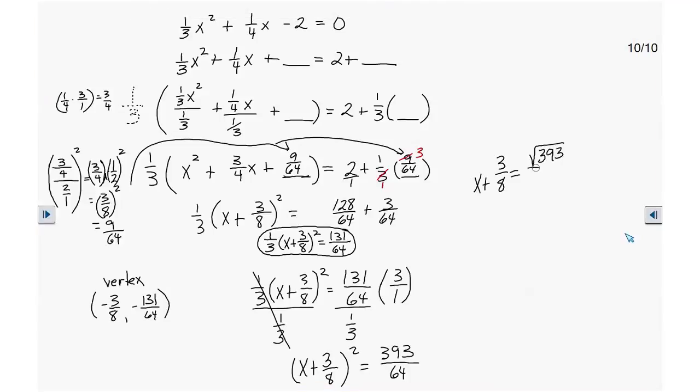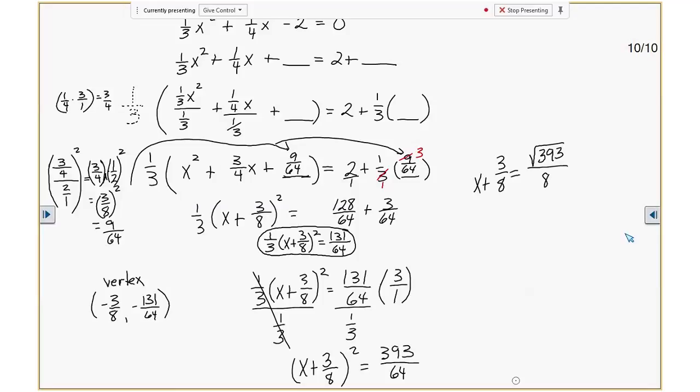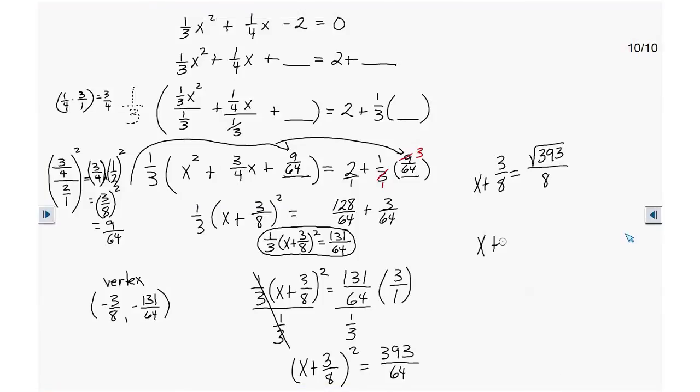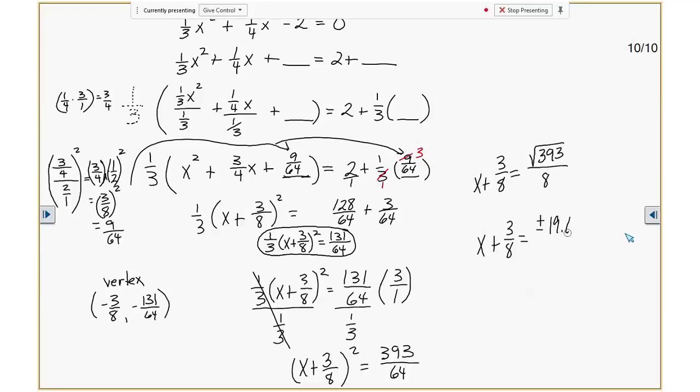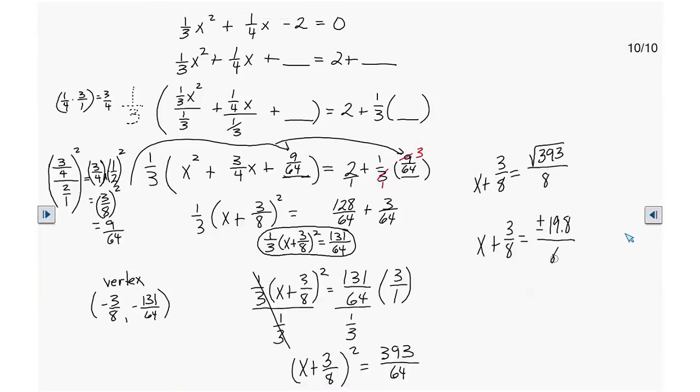And the square root of 64 is, hey, isn't that nice? Okay, I do know that the square root of 400 is 20, so I can back off of 400 and say 9 times 9 is a 1, so maybe 19.3 or 4. What does it come out to be? 19.8? Okay. X plus 3/8 equals positive or negative 19.8 over 8.